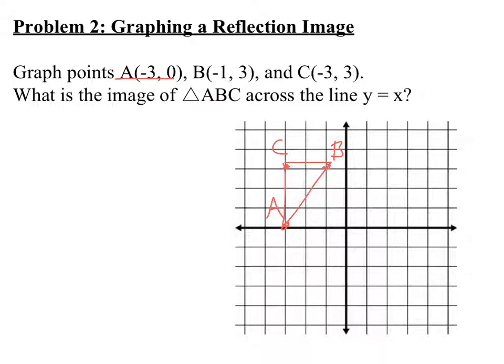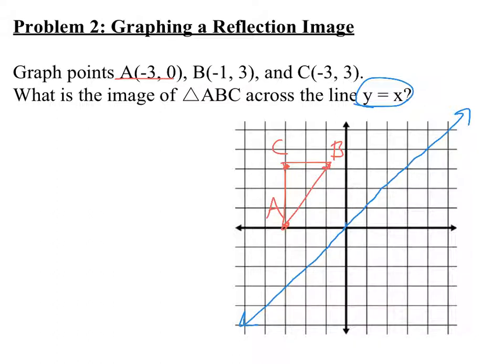Now the difference is, instead of a horizontal or a vertical line like the last 2 examples, we are reflecting it across the line y equals x, which if you were to draw that, looks something like this. It's called the identity function. So we are now going to reflect our shape across this non-horizontal and non-vertical line.